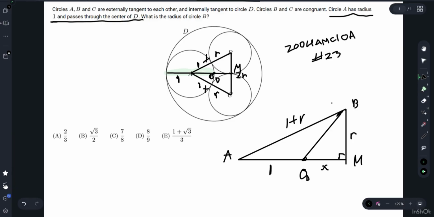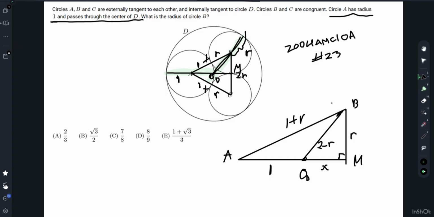And from OD to the edge of D through B is also 2 because the radius will always be 2. This length is R because the radius of B is R. So the length from B to OD would be 2 minus R.